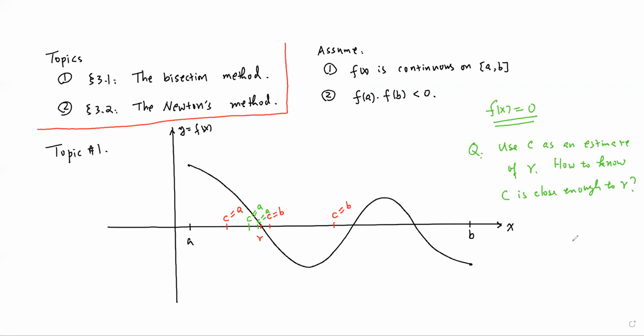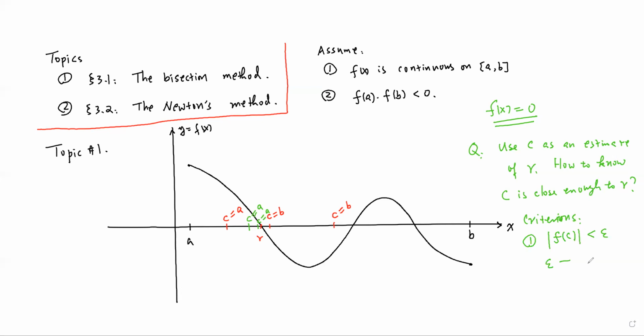There are two criteria that we can use. The first one is to test whether the function value at the point C in absolute value is small enough, say less than epsilon, some number epsilon. Epsilon is provided by the user of the bisection method.